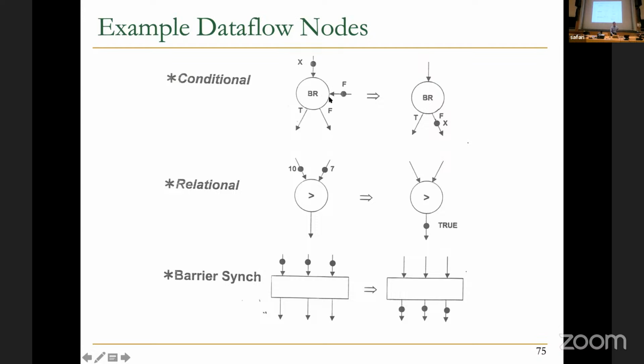If the control input is false, the data input, when it's available, gets passed on. So basically the instruction gets fetched and executed when both the data input is ready and the control input is ready. You have to have tokens on both sides. And the semantics of that instruction is that if the control input is false, the data input gets passed to the false output over here. Otherwise, if it's true, it gets passed into the true output. In this particular case, it's false, as you can see.